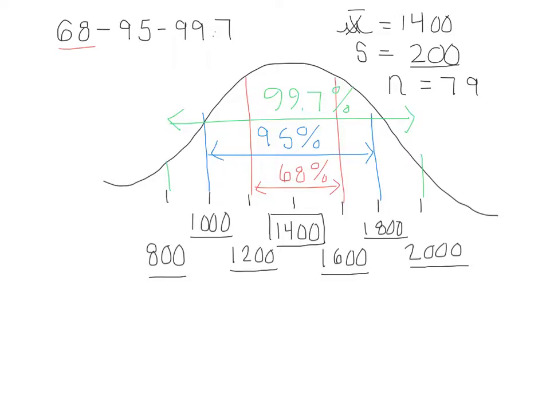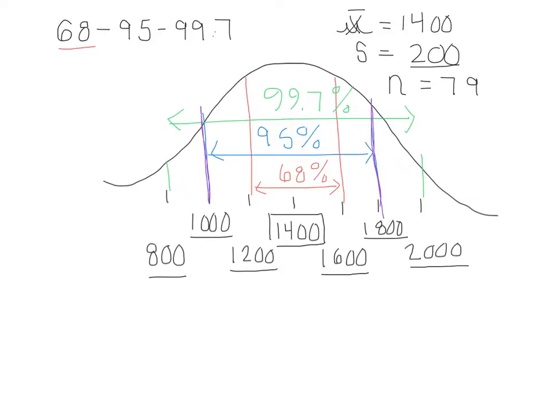And again, this is true for a normal distribution, and this is normal because we were told it's bell-shaped. So they ask us to use the empirical rule to estimate the number of farms whose land and building values per acre are between 1,000 and 1,800. So 1,000 is right here. 1,800 is right here.